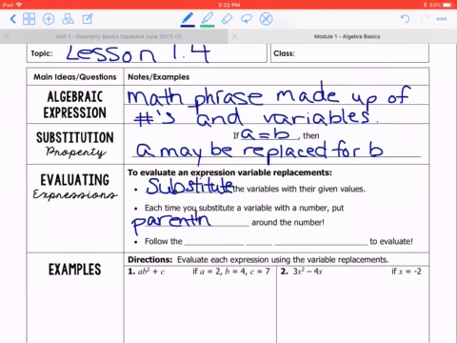Parentheses. I got to spell it right. Okay, around the number. So whenever you substitute, you're going to put parentheses around it, and your number will go inside. And then when you go to solve, remember we just covered this, you follow the order of operations. And you guys did really good at that.